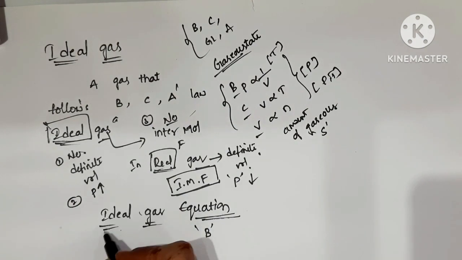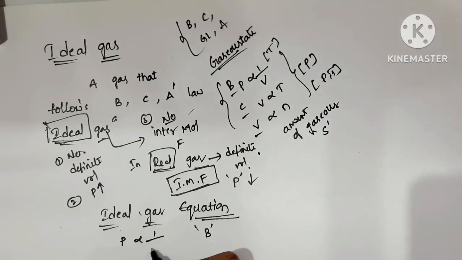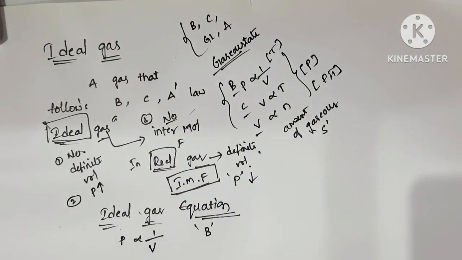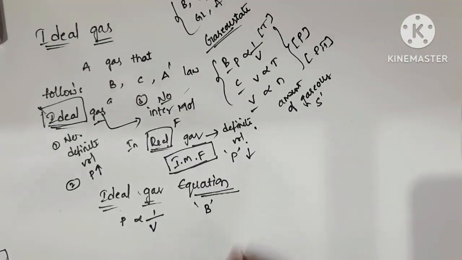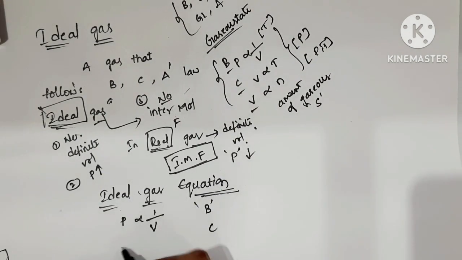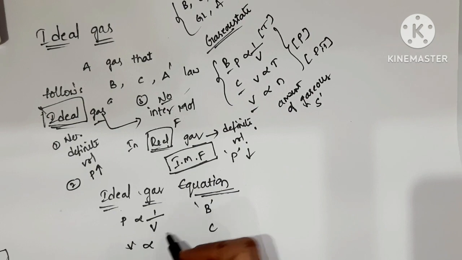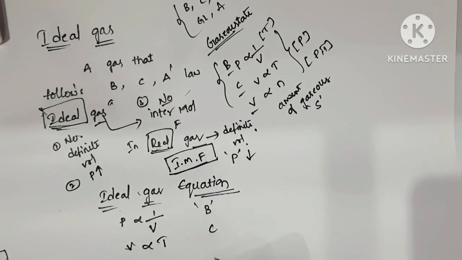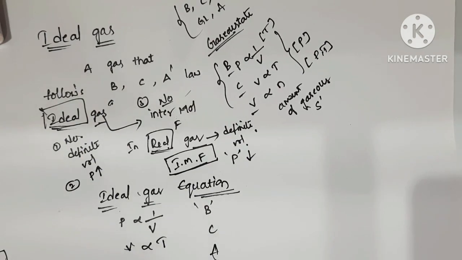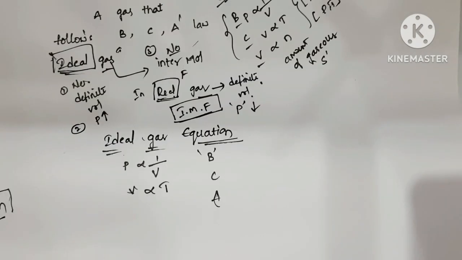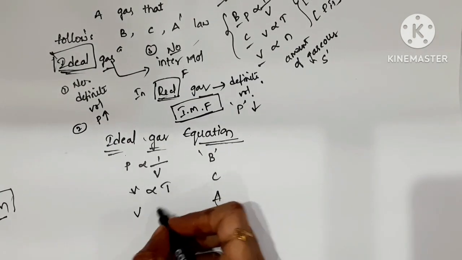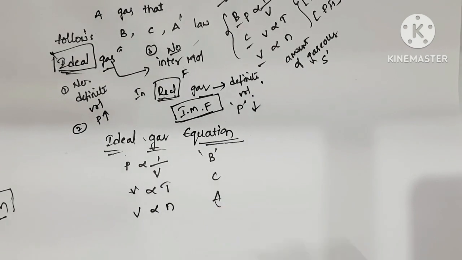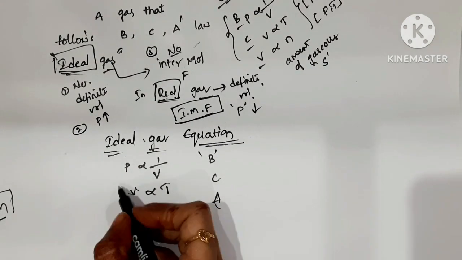According to Boyle's law, P is inversely proportional to volume, right? According to Charles' law, volume is directly proportional to temperature. According to Avogadro's law, volume is directly proportional to N, right?